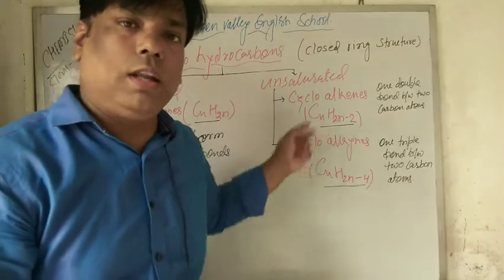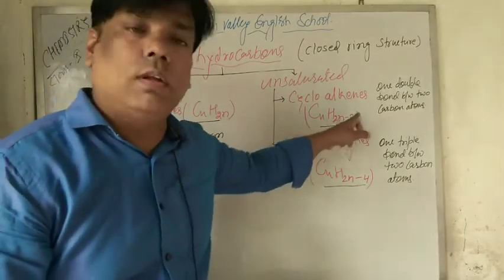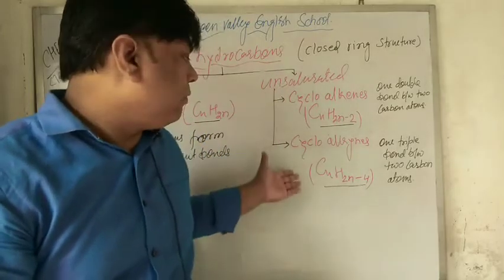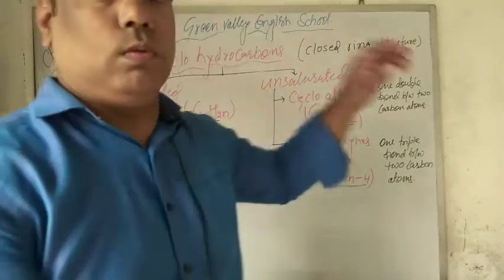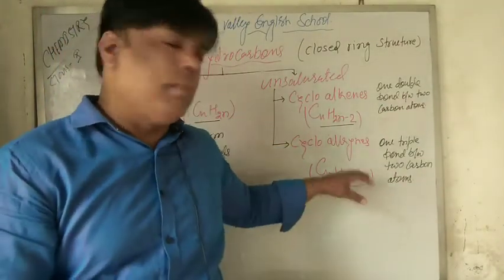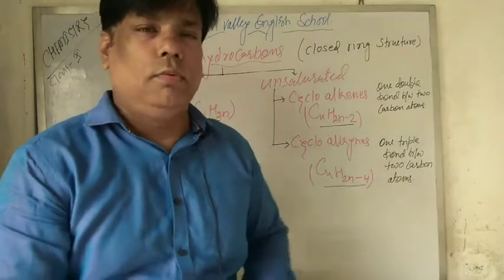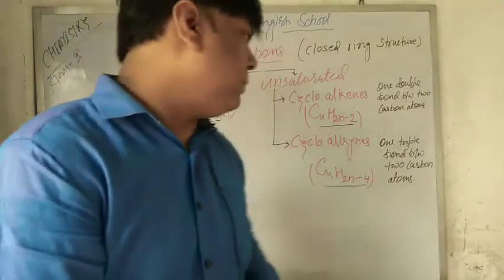Alkenes means double bond, alkyne means triple bond. For cycloalkene, the formula is CnH2n minus 2. For cycloalkyne, the formula is CnH2n minus 4. So there is no need to remember these formulas. We can understand it through some examples very clearly, right?